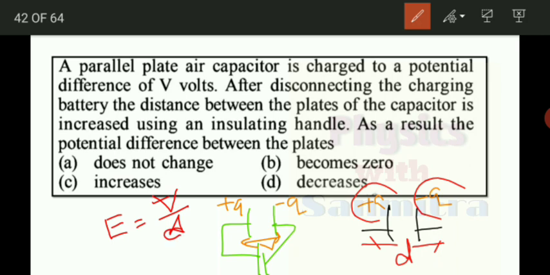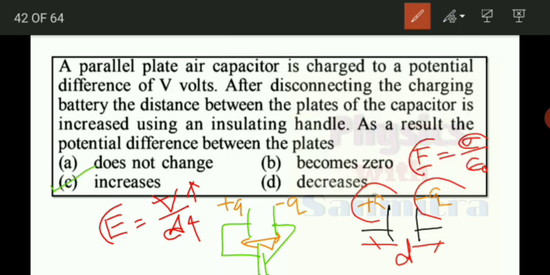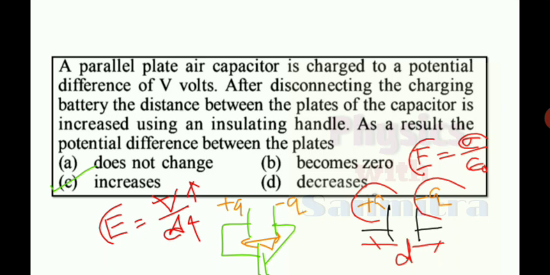Therefore I can say electric field is equal to sigma by epsilon naught. So since sigma is constant, this E is constant. If E is constant and d is increasing, V also has to increase. So the potential actually increases. Now I think this much is clear.